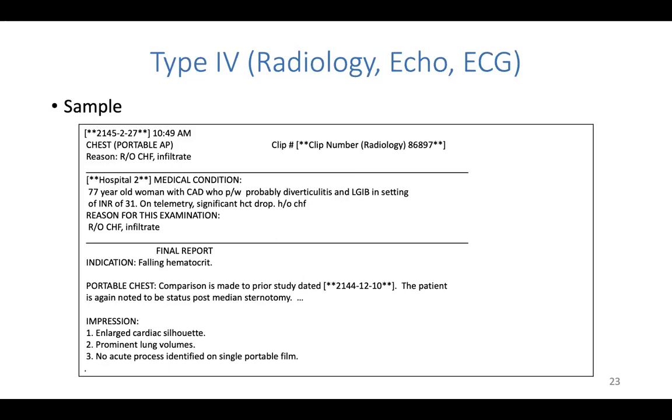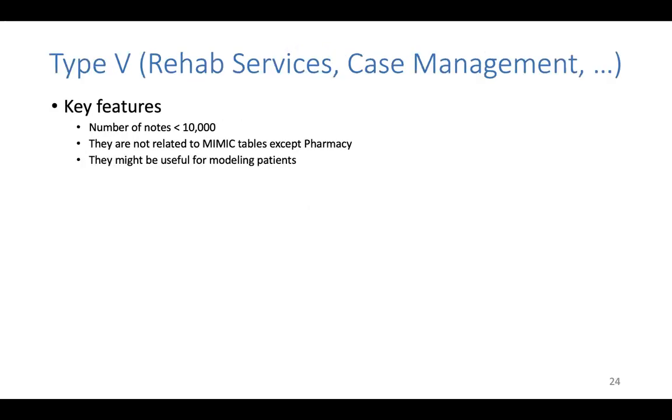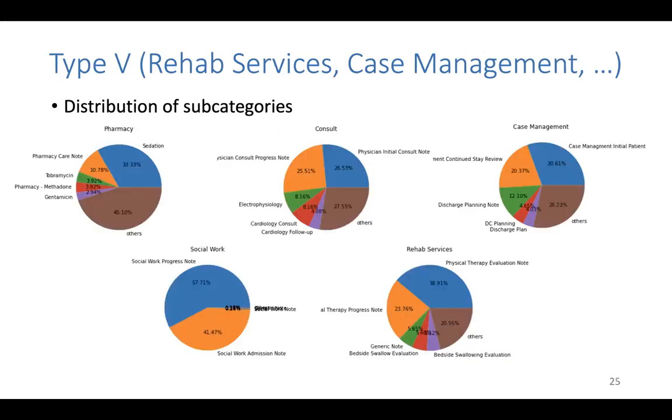So JPG images along with this report. So you can actually do multimodal learning, that kind of stuff. Multimodal learning will be another topic we'll be covering in this course. Right. Type 5 are just, as I said, supporting types of information, and if you're interested, you can look them up.